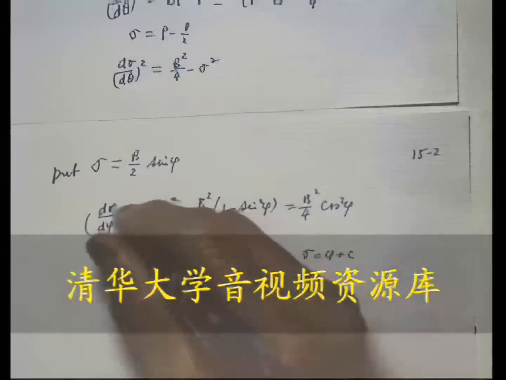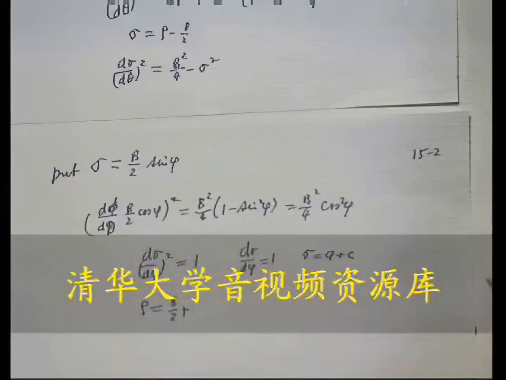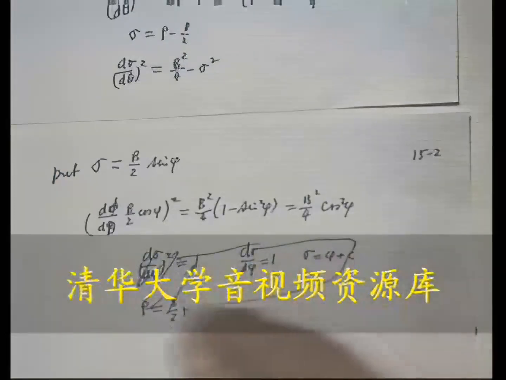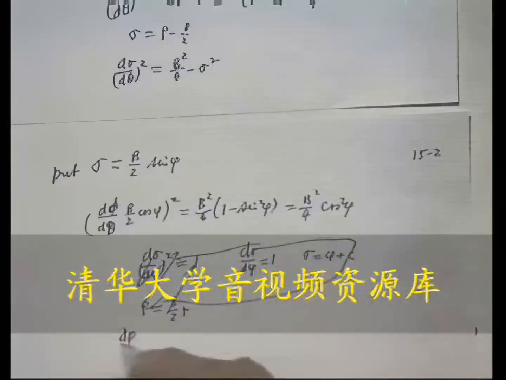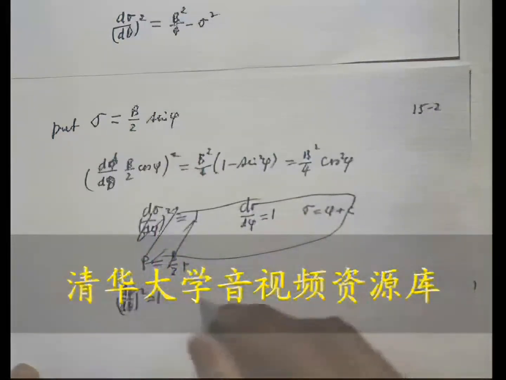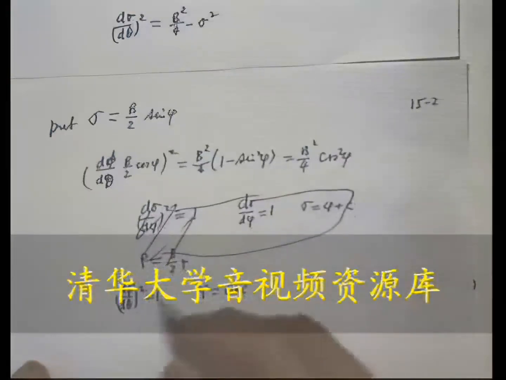This is d phi d theta. So (d phi/d theta) squared is equal to 1. So phi is equal to theta plus a constant. The minus 1 we forget about.